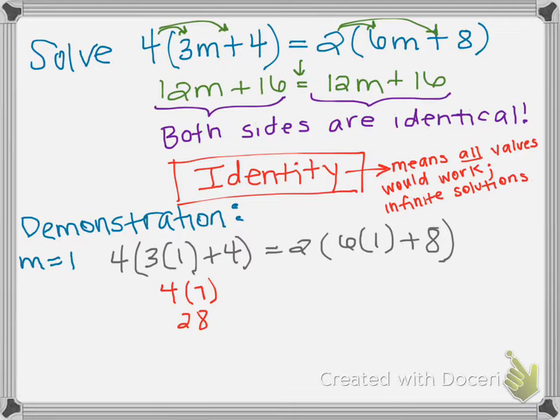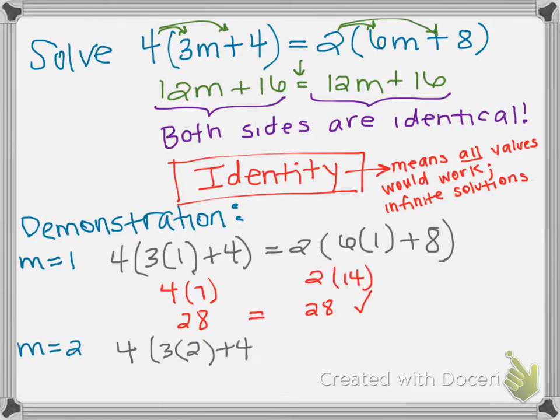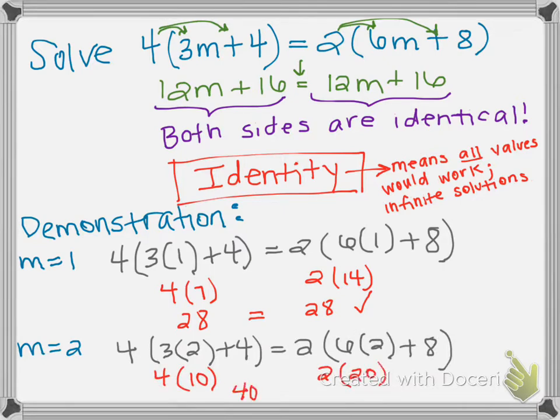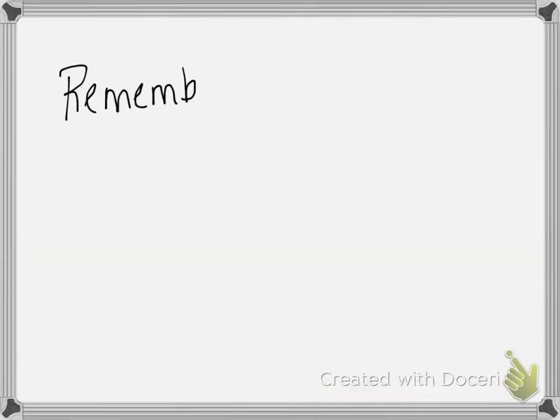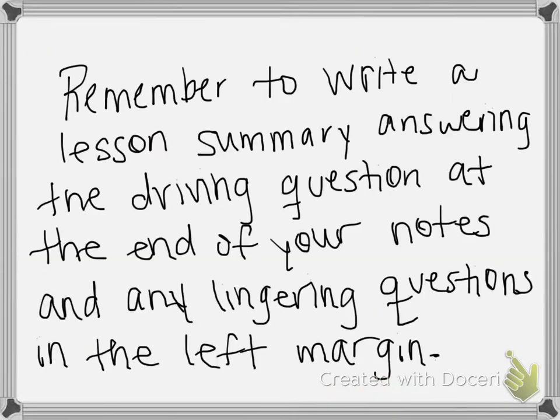And then on the other side, 2 times 14 would be 28, and that matches. Let's say now we tried m equals 2. Well, on one side we'd have 4 times 10, which is 40. And on the other side, 2 times 20, which is also equal to 40. So that matched. So that completes the lesson.